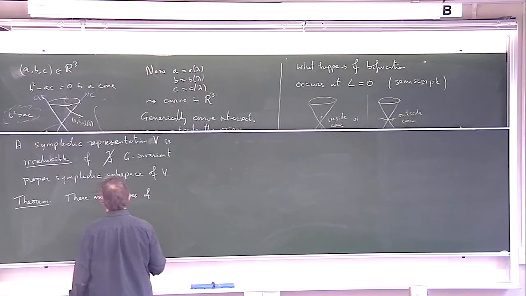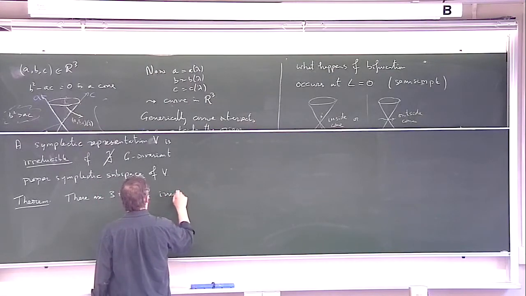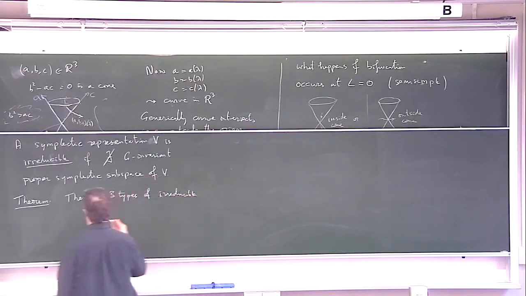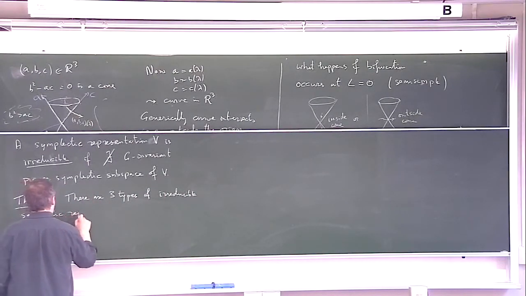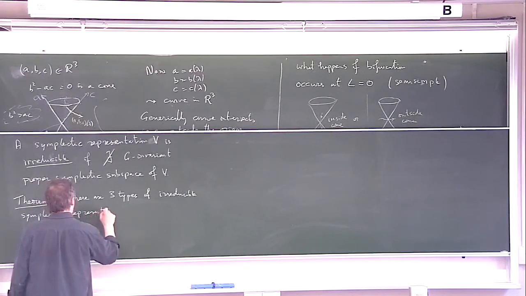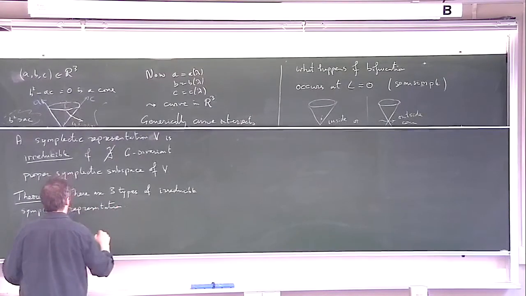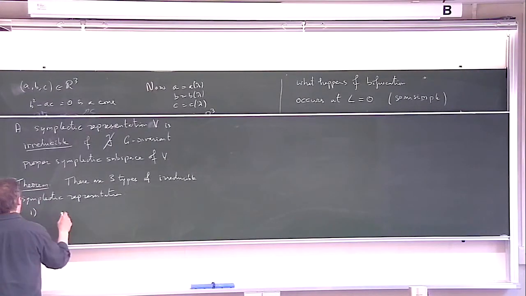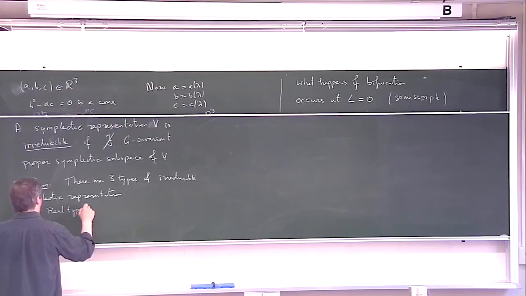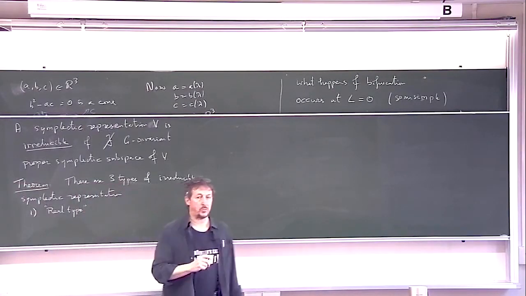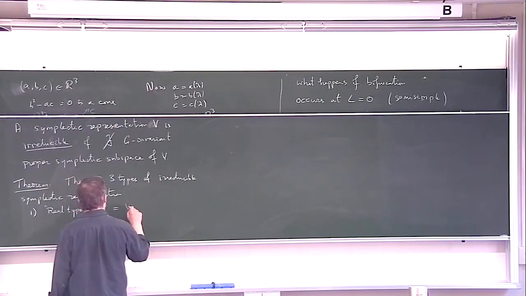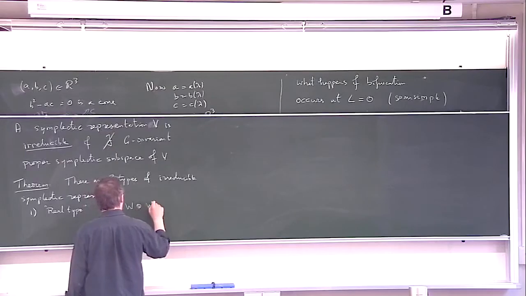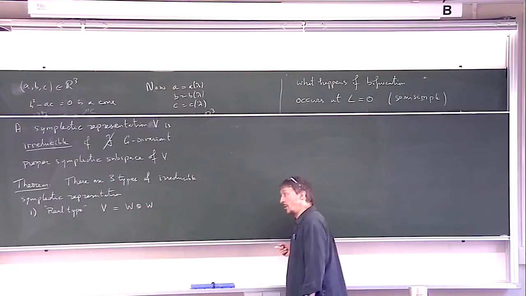In general, there are three types of irreducible representation. First one is called the real type, and V is the direct sum of two representations.